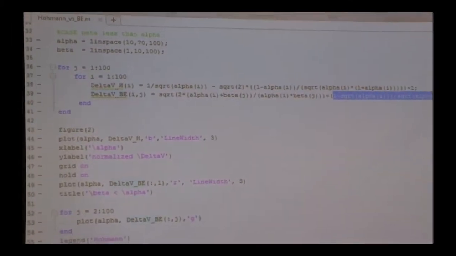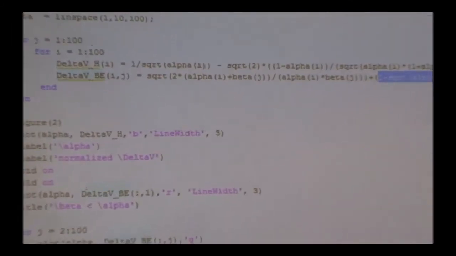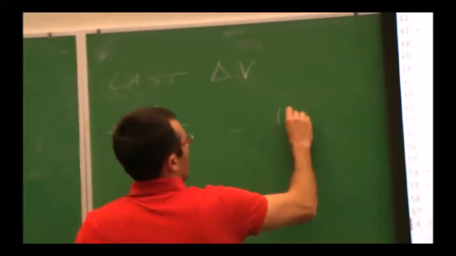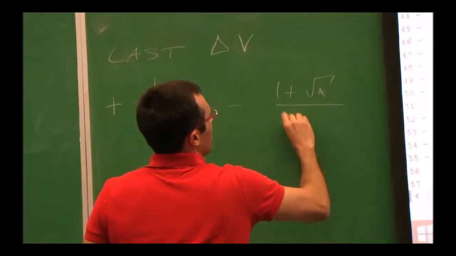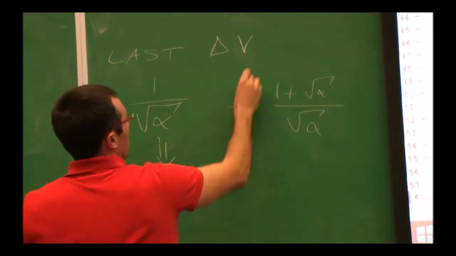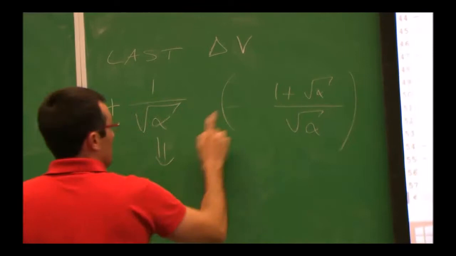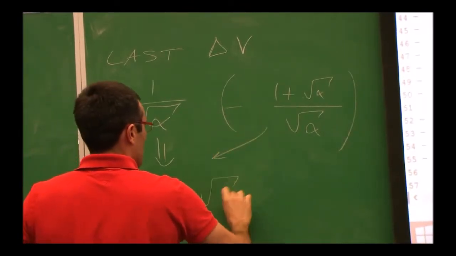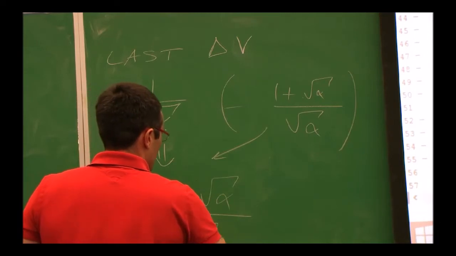So this piece that in the book is minus 1 plus square root of alpha over square root of alpha. This was the old case, right? It becomes 1 minus square root of alpha over square root of alpha.